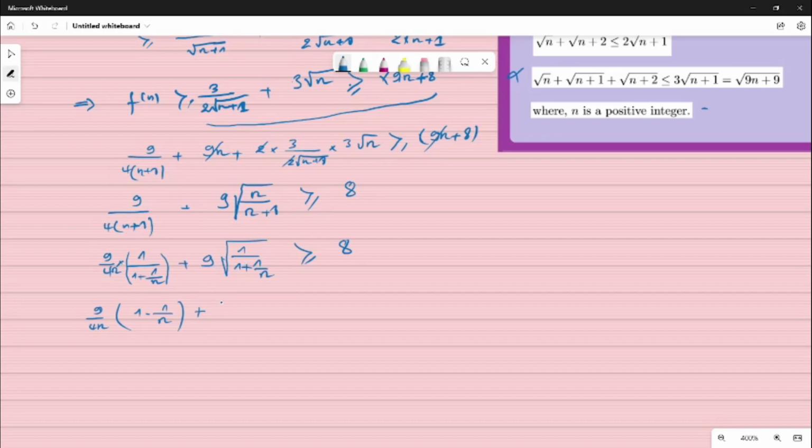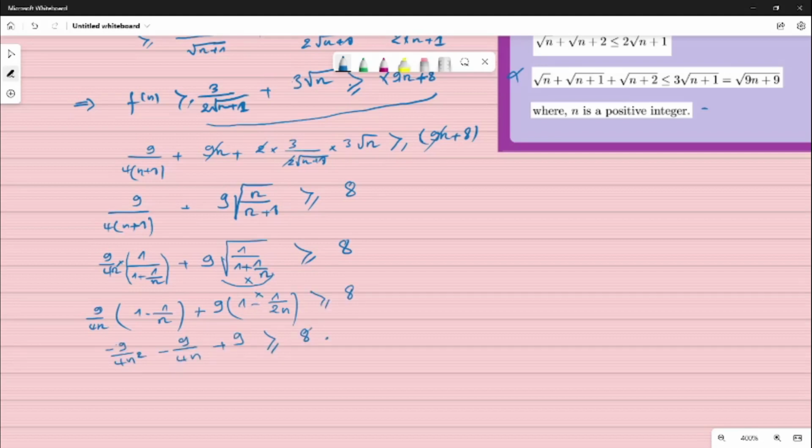And this quantity we can prove that it is greater than 1 minus this, and we can prove this inequality by using the mean value theorem, that this quantity is greater than this one.